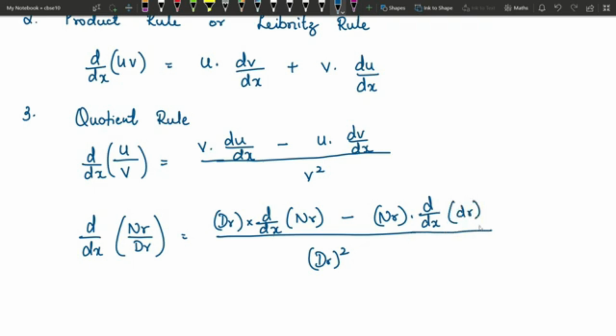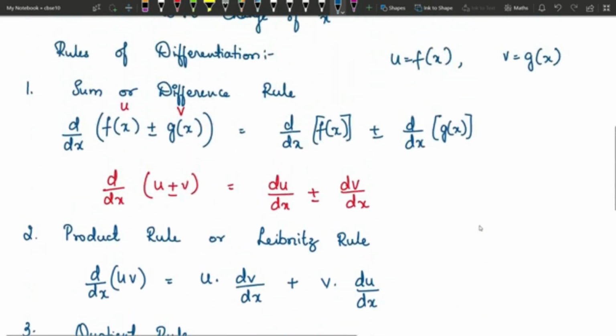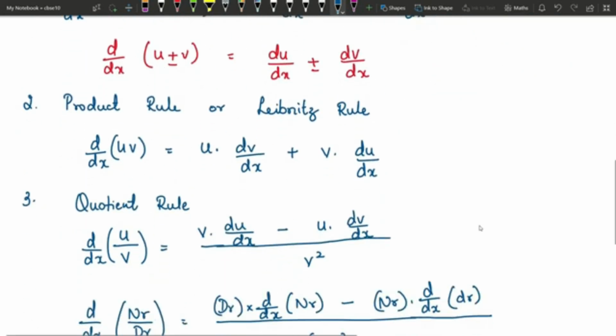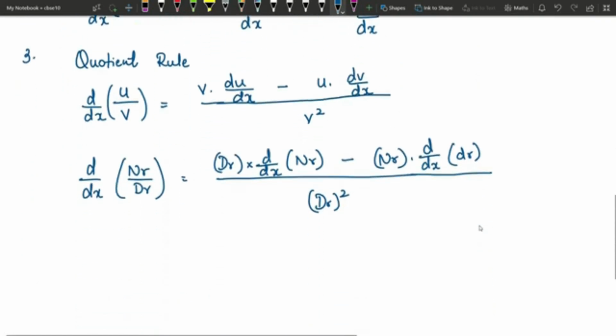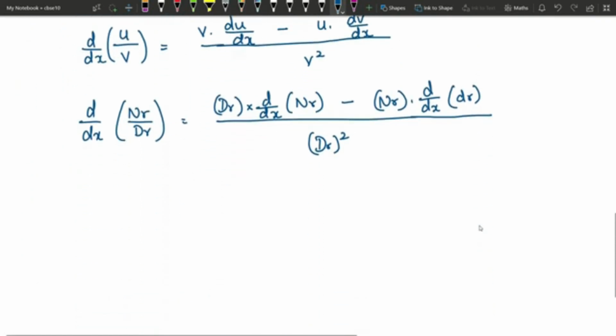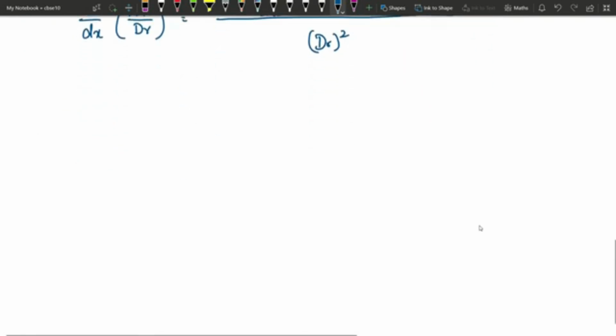Okay, these are the basic rules of differentiation, and based on these rules we will solve certain questions that have been asked in previous years. And once you understand this, next we can solve the chain rule of differentiation. Now for this we have certain basic formulas. I assume again all of you have your textbooks or notes which contain basic formulas of differentiation.